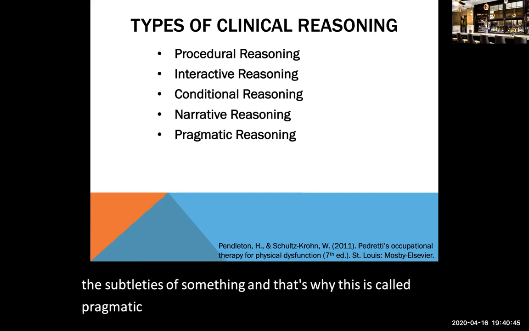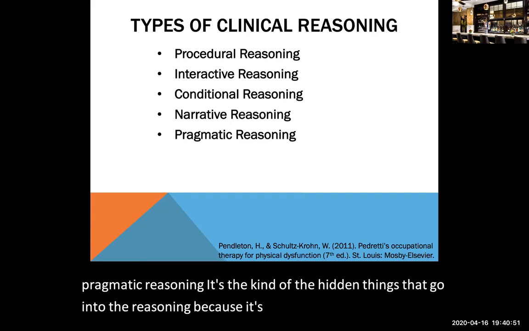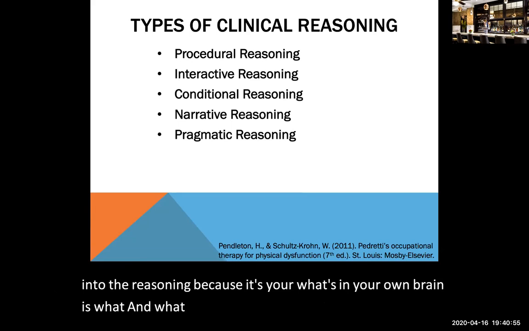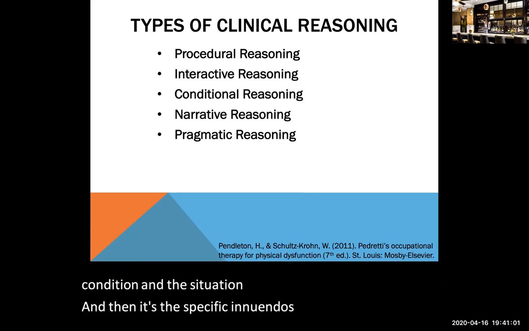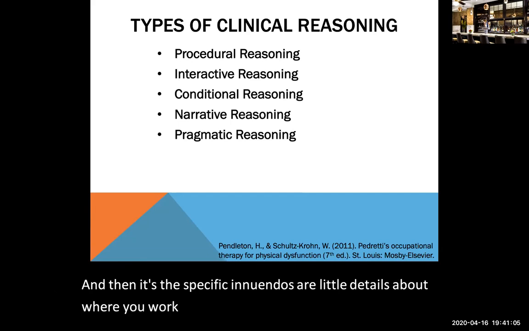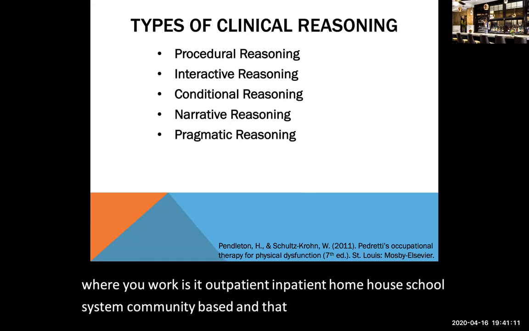It's the kind of hidden things that go into the reasoning, because it's what's in your own brain. It's what you know and what you've learned about the condition and the situation. And then it's the specific innuendos or little details about where you work. Is it outpatient, inpatient, home health, school system, community-based? And that really matters in how we design our intervention.